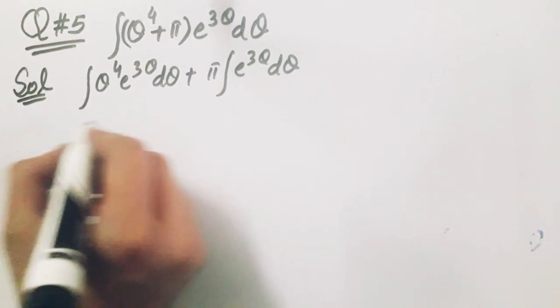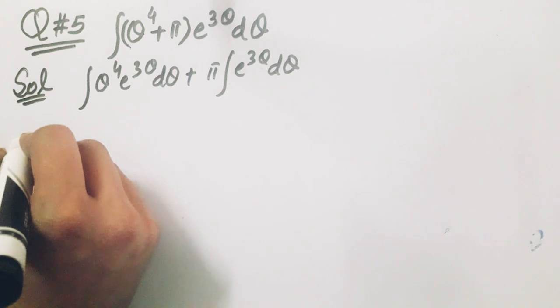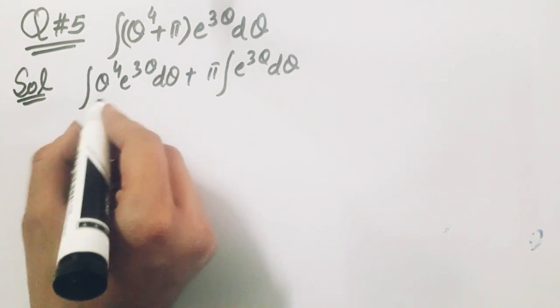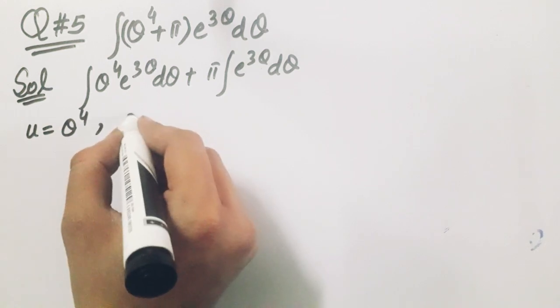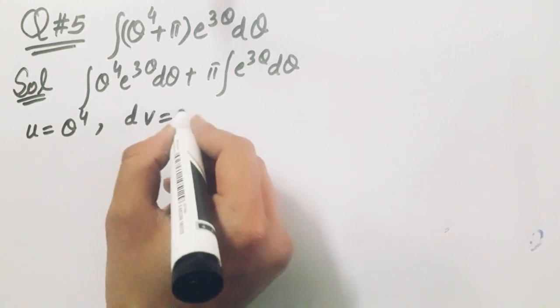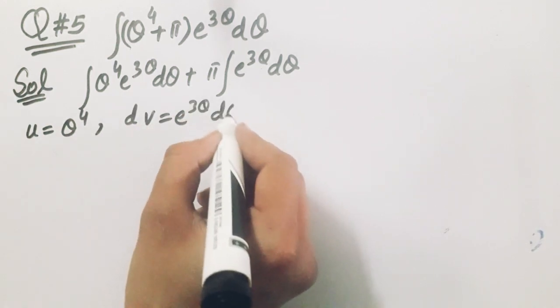So by integration by parts we have the formula for this. You will take u equal to θ⁴ and dv equal to e^(3θ) dθ.